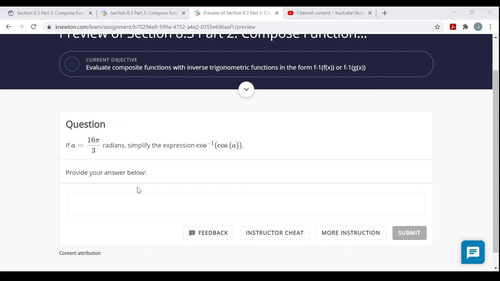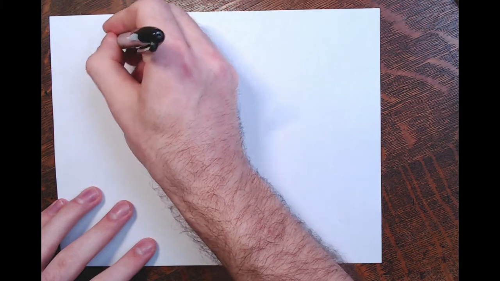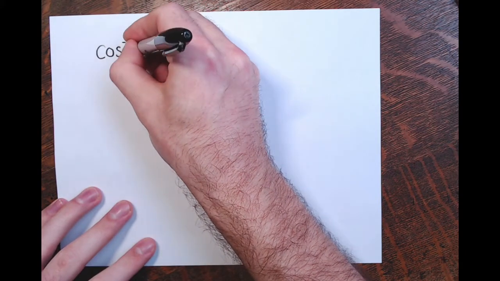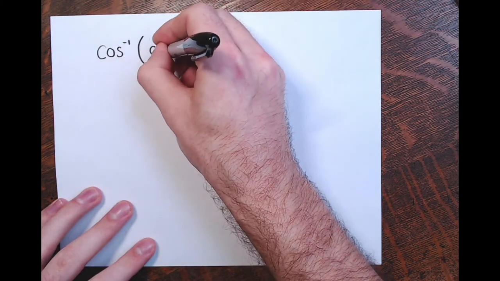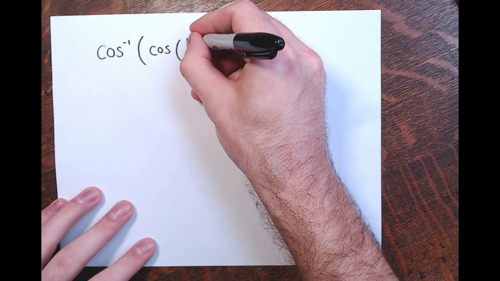All right, so I'm going to replace a with 16 pi over 3. What we're asked to evaluate here is the following: what's the inverse cosine of the cosine of a, and they said a was 16 pi over 3.